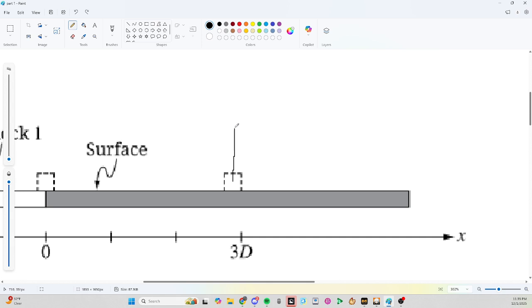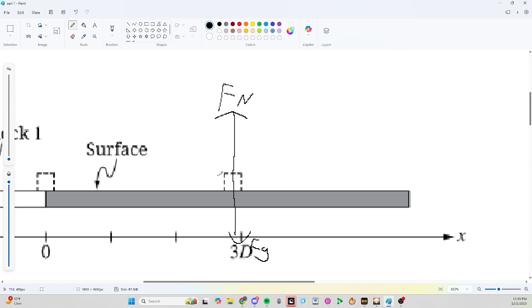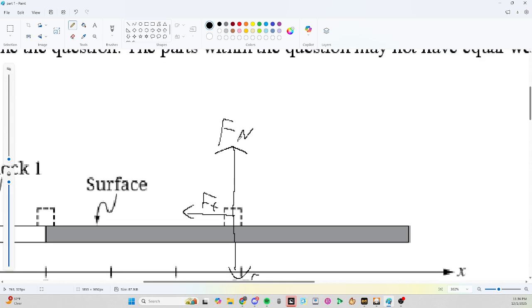we have here Fn, normal force. This is Fg, gravity, and this is friction, Ff. And then we know that friction is mu sub k Fn.